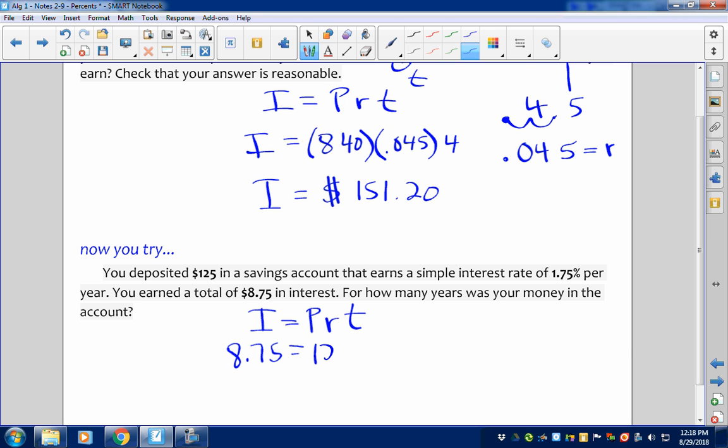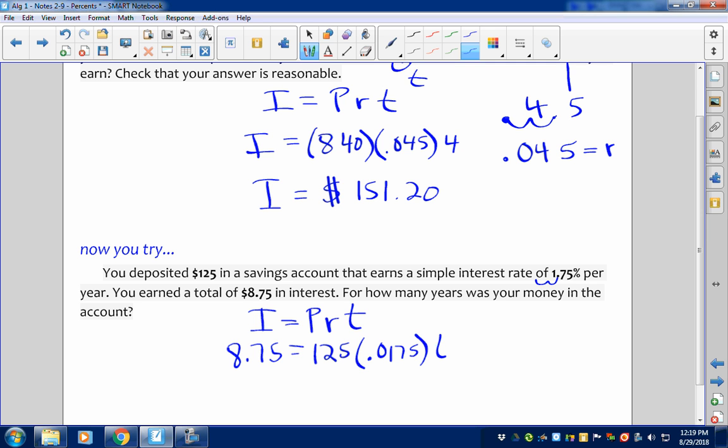Your rate is, can you change this to a real number? 1.75. We're going to move the decimal 2 places to the left. 0.0175, that's right. Times t.